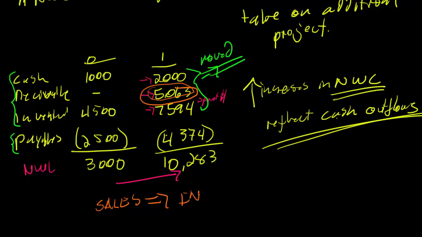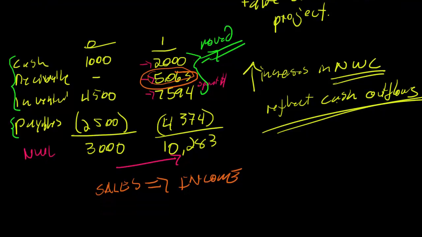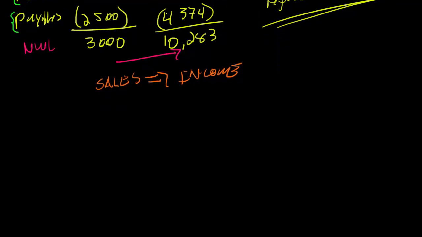Therefore, I should have income. But this income, because it's here in accounts receivable, hasn't been received. Therefore, my net working capital, while it increases over time, actually reflects cash outflows. That's a concept that you're going to see again, I promise you.